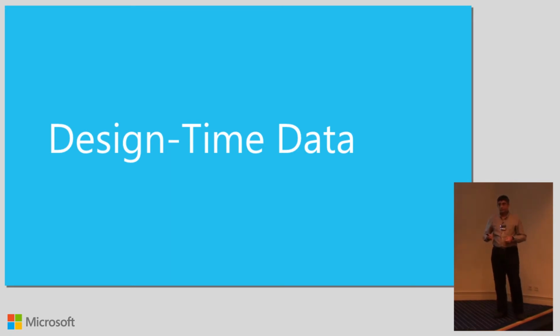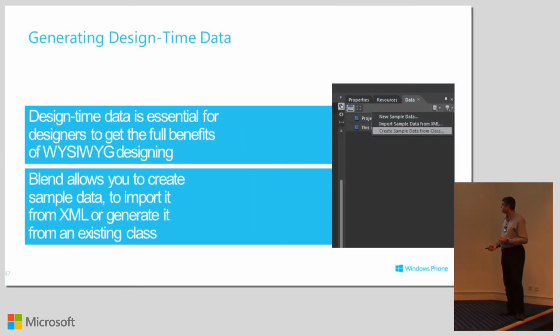And for that, we have provided you the tools in Blend which allow you to create design time data. So in Blend, if you have a data model, if you have classes that depict your data, Blend can take that and create sample data. It will generate an XML document for the data that you can edit.